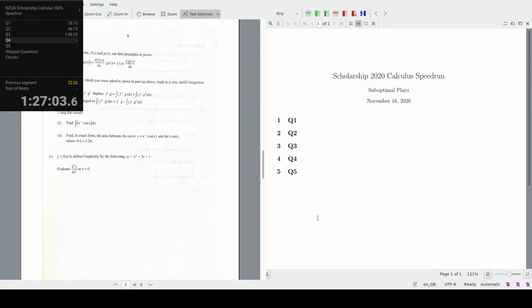This is a bit sad. I am going to skip this question and come back to it later when I remember how to implicitly take second derivatives.